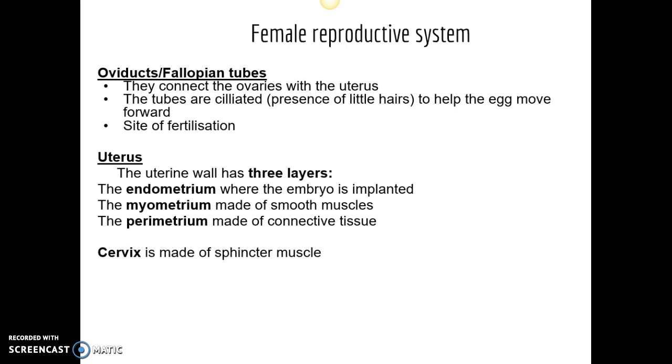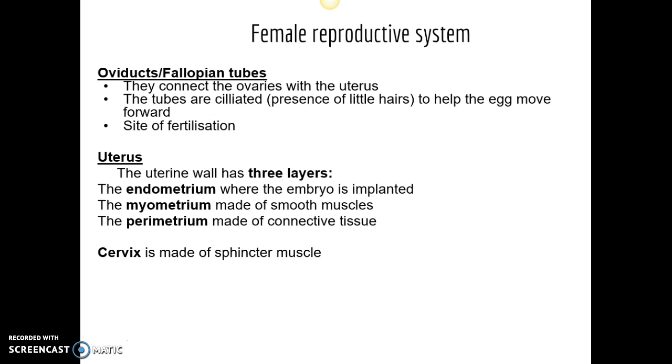The cervix, as I told you before, is made of a sphincter muscle. What is a sphincter muscle? You probably heard "control de esfínteres" in the babies, in the little toddlers and kids when they begin to learn to use the toilet instead of using diapers.